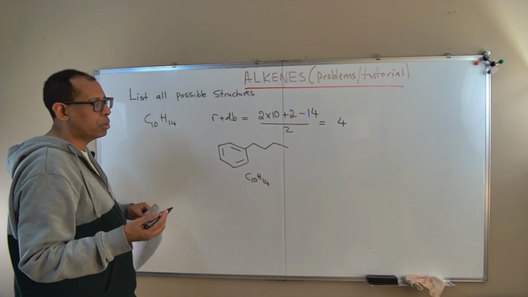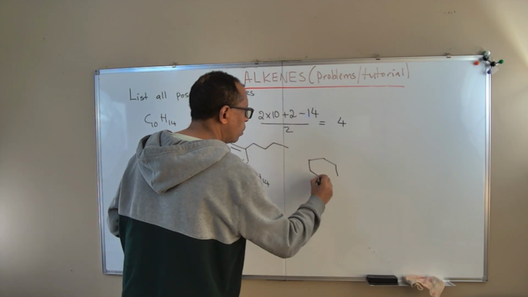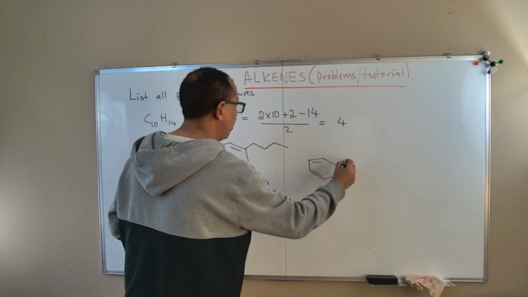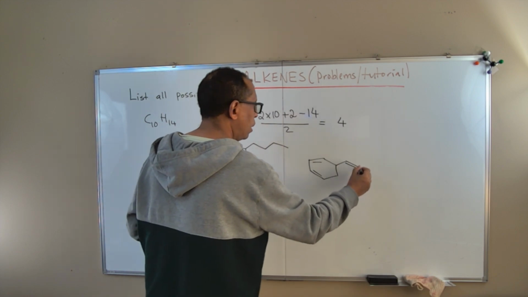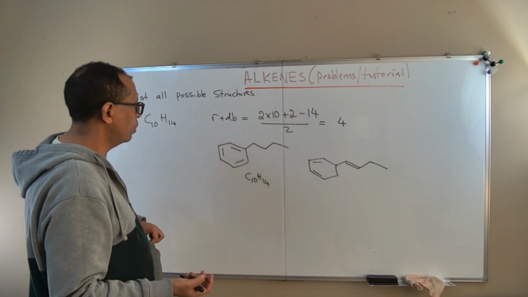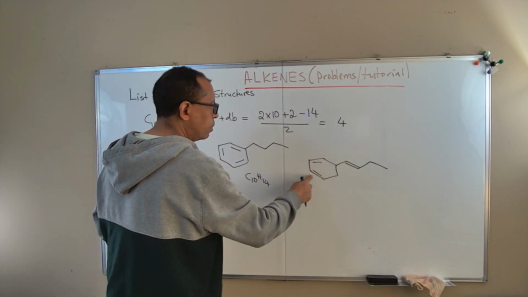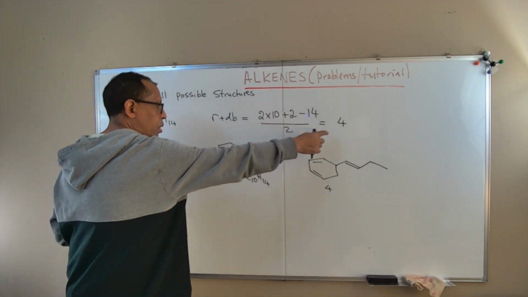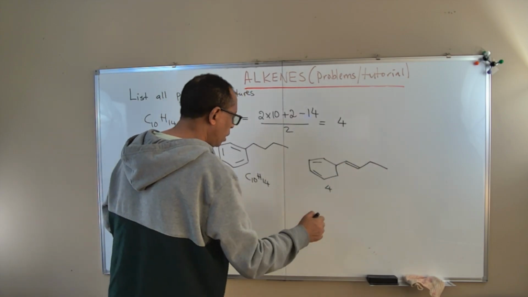But this can also be written as, for example, if I take one of the double bonds out of this and put it outside here, this is also the same thing, because this would also be 3 double bonds and 1 ring system, which would still give you 4 degrees of unsaturation. And the number of carbons is 6, 7, 8, 9, 10.